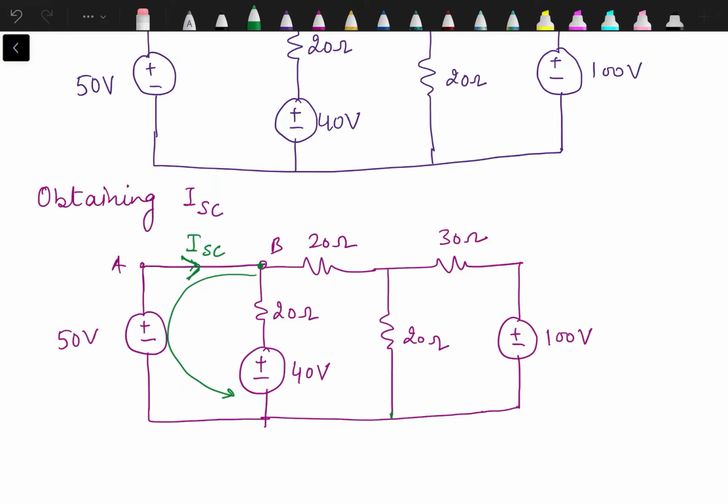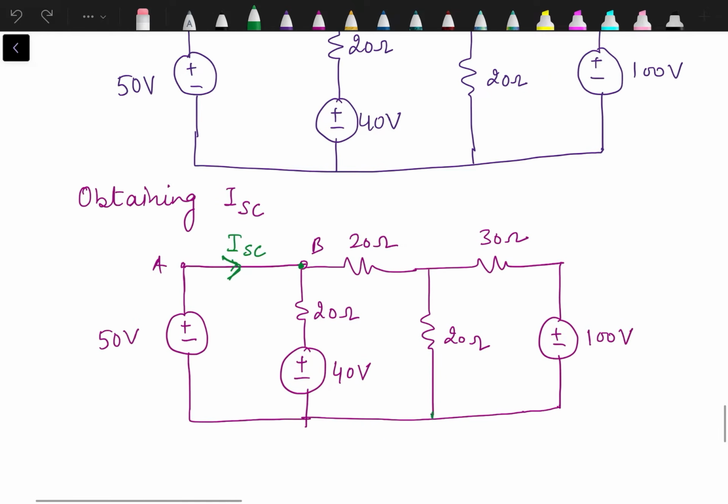Short circuit means zero resistance. So the resistance of this branch is zero, so we can't write the current by using nodal analysis. So in this case, we need to apply mesh analysis in order to find out the current ISC. So we have three meshes.